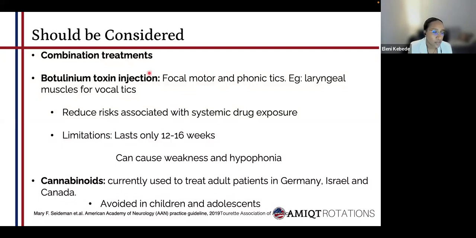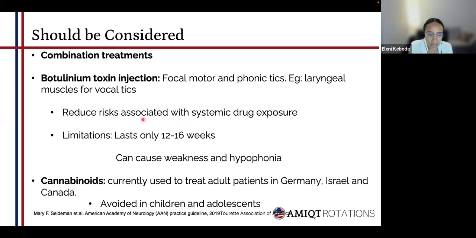So combination treatment is one of them, giving 2 or more combination of the drugs we talked about. Botox injection is the second, which is very much preferred for focal motor or phonic tics. For example, if we have a laryngeal, a vocal tic, we can give Botox for laryngeal muscles.